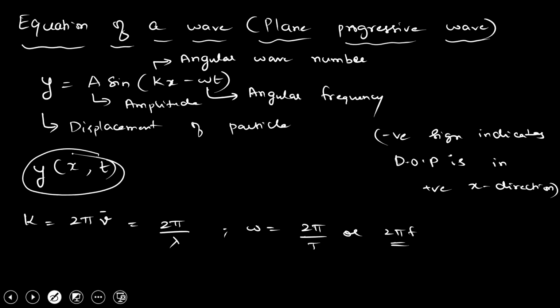Whatever the wave is, you always represent it using the same expression for a plane progressive wave. That is what I told you in the previous class: whether it is a transverse wave or a longitudinal wave, it is always represented using the sine function. Just because I wrote it such that the particle oscillates along y and the energy is transmitted along x, the wave is represented this way.